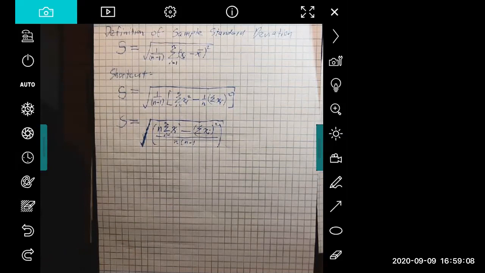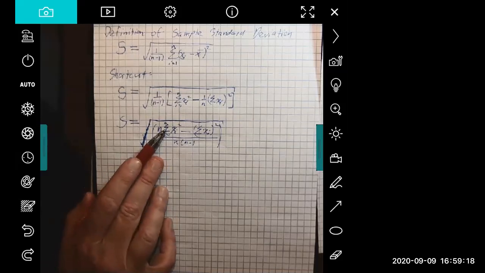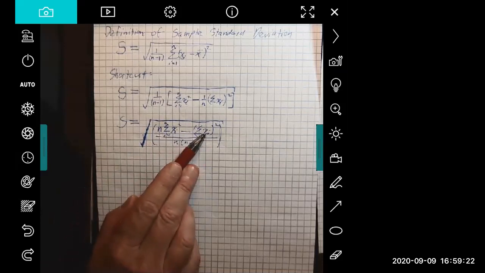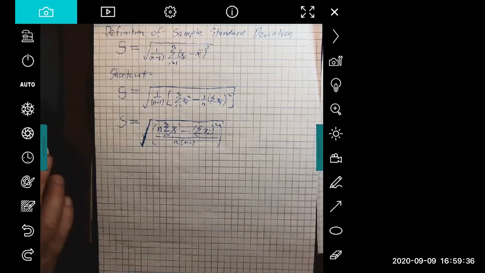In fact, you can do the examples from the workbook real quickly this way, because a lot of times down at the bottom of the table of data I'll show you the sum of the squares and the sum of the x's, and so you can just put the two numbers right in there and do the calculation very fast without a lot of work. Okay, so that's all for this video.